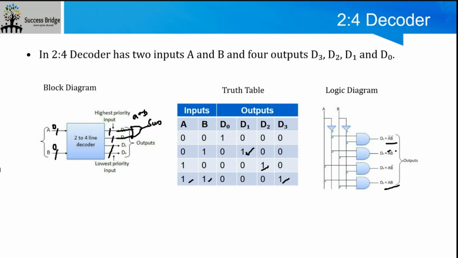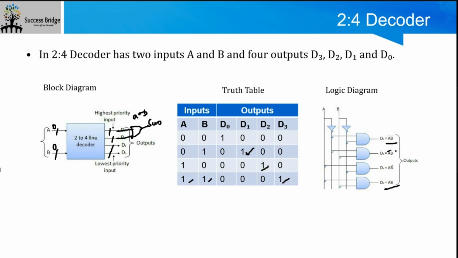So here you start with the lowest one in the decoder and D0 becomes the lowest priority and D3 becomes the highest priority. But you get the exact output, the opposite output, similar to the behavior of an AND gate. Sorry, similar to the behavior of an OR gate.